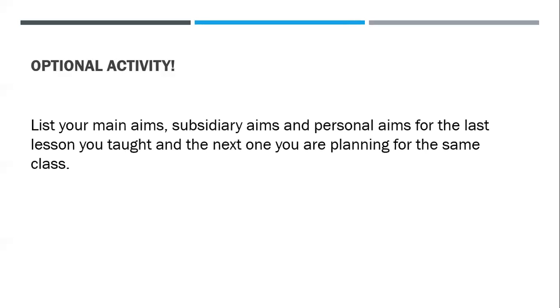Well, list your main aims, subsidiary aims, and personal aims for the last lesson that you taught, and the next one that you are planning for the same class. You can send me the message here. I will leave you a special field in this application, or you can record me a voice message in Vkontakte. But if you do it, please write here VK so that I understand where I'm going to find your message.